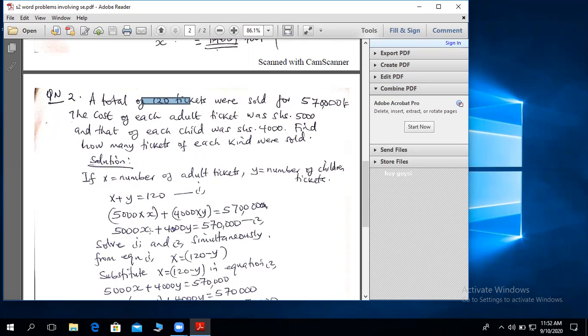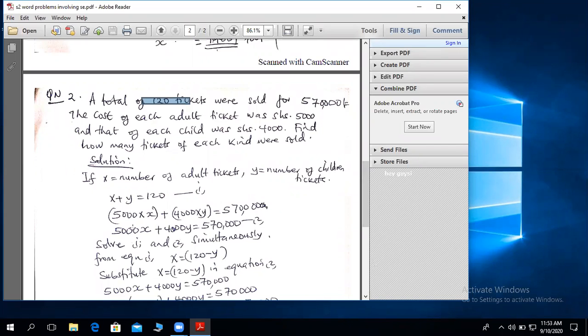So 5,000 X plus 4,000 Y is equal to 570,000. So this becomes my equation 2 about the cost. My equation 1 is on the number of tickets, and my equation 2 is about the cost of tickets.